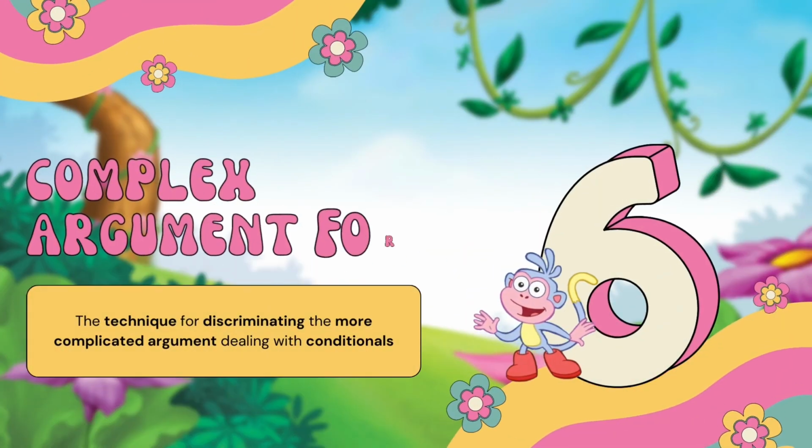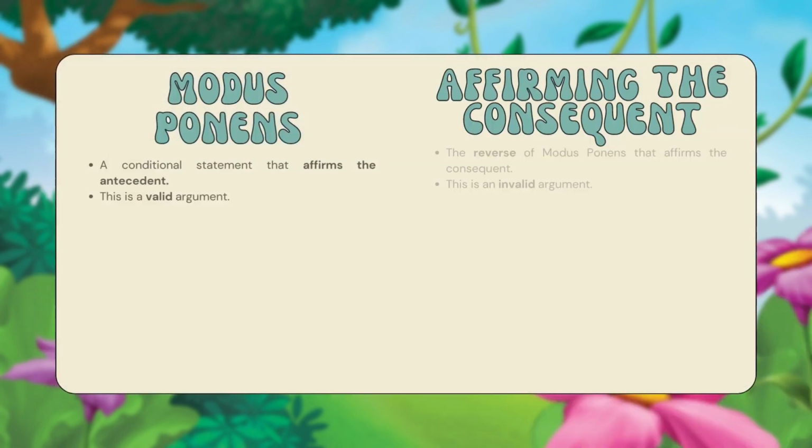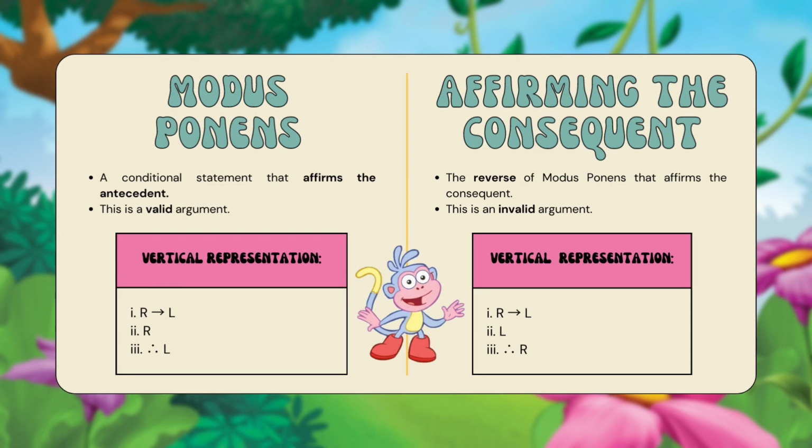Hola, soy Boots. Let us proceed with Module 6, Complex Argument Forms. This module will provide a technique for discriminating the more complicated arguments dealing with conditionals. Starting with the first and second argument forms, modus ponens and affirming the consequent. Depicted on the screen is the valid argument structure of modus ponens.